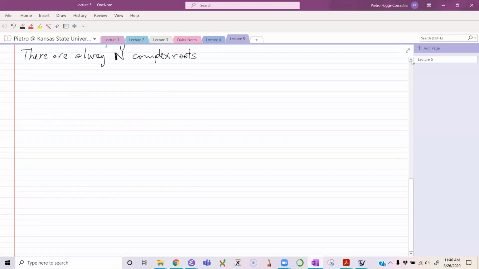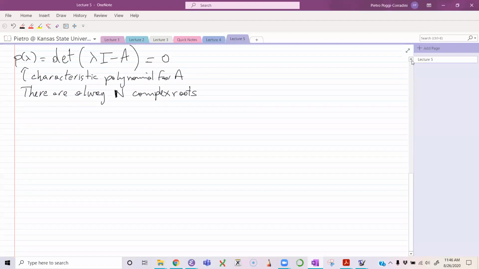But in any case, assuming we don't worry about that for a moment, you can always factor your polynomial into a product of these monomials.